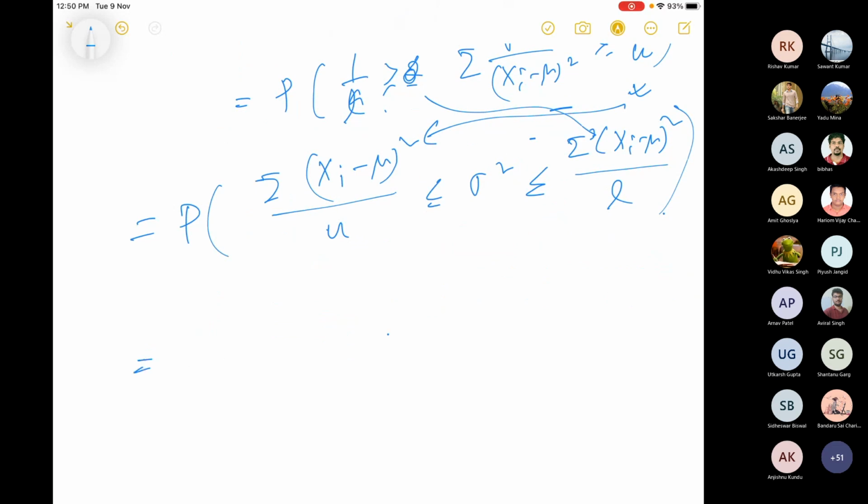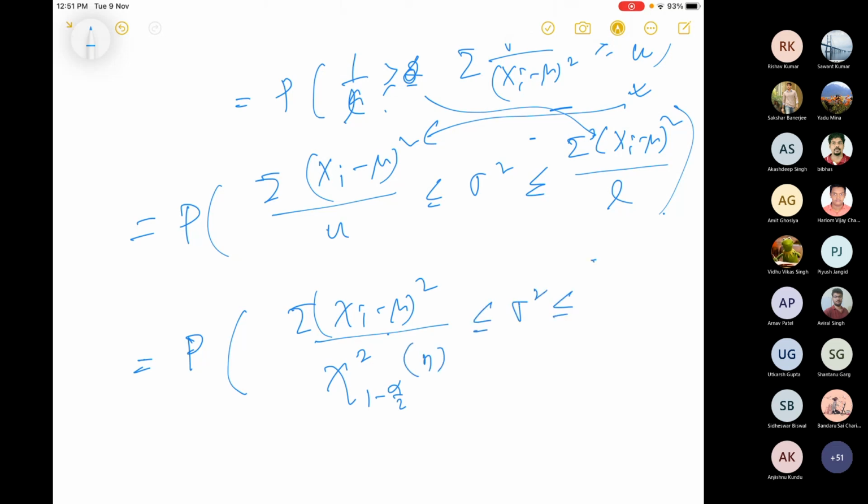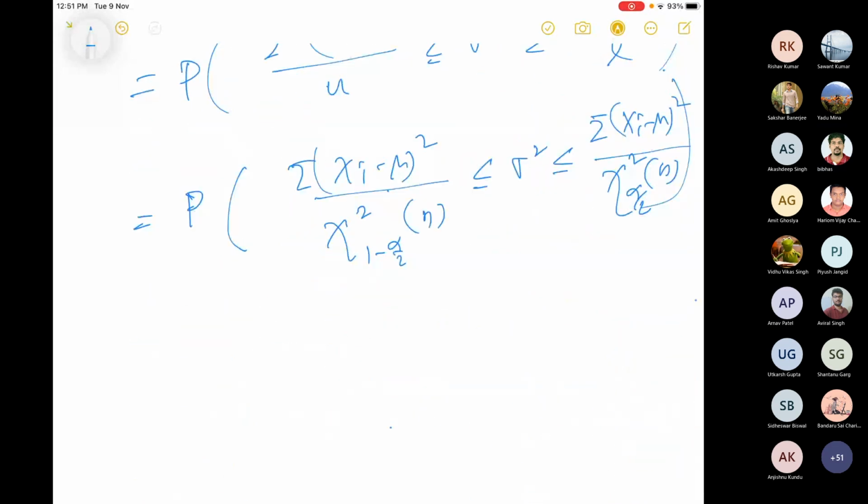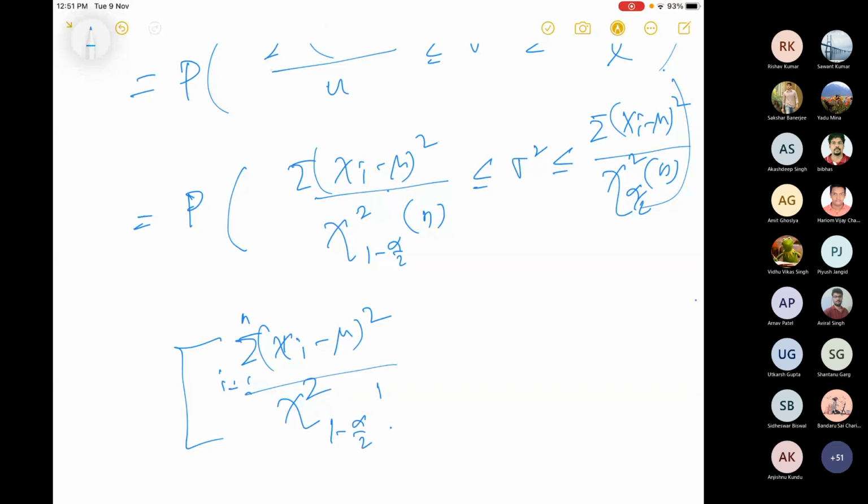So this is the probability that the sum of (xi minus mu) whole square by chi square 1 minus alpha by 2, n, is less equal to sigma square, less equal to the sum of (xi minus mu) whole square by chi square alpha by 2, n, which we found out from here.